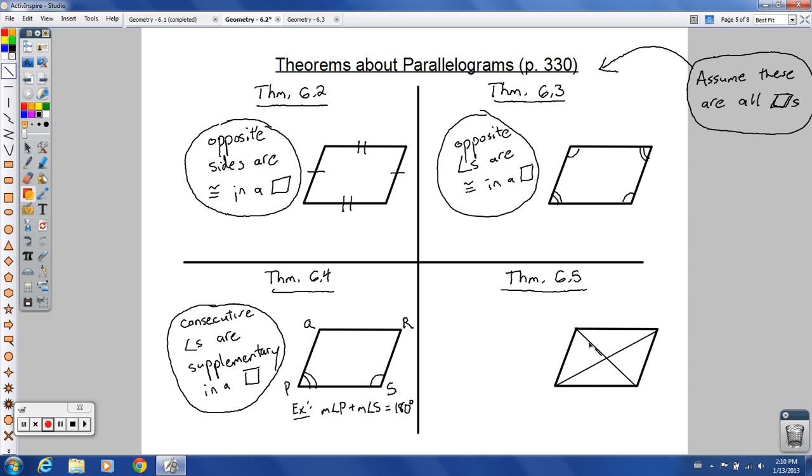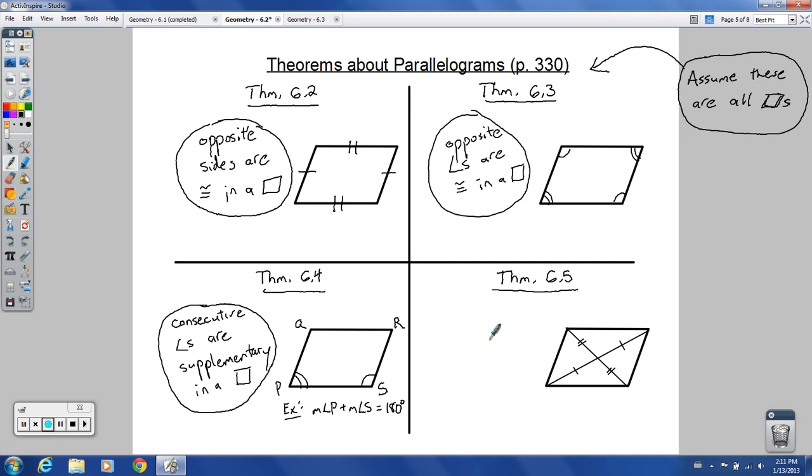So this segment right here is congruent to this segment right here, and this one right here is congruent to this one right here. They are bisecting each other. Make that look a little bit nicer there. There we go. And so if we were to give these different vertices names, let's go with that in each one here.